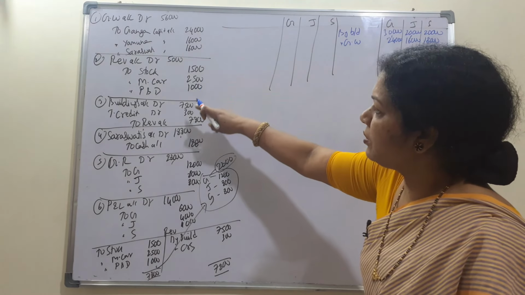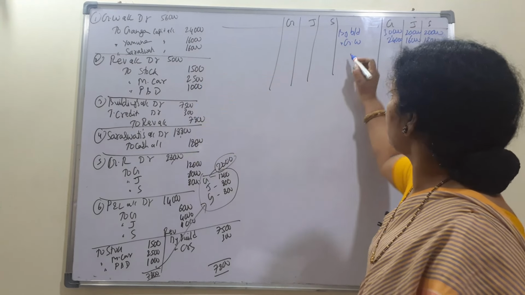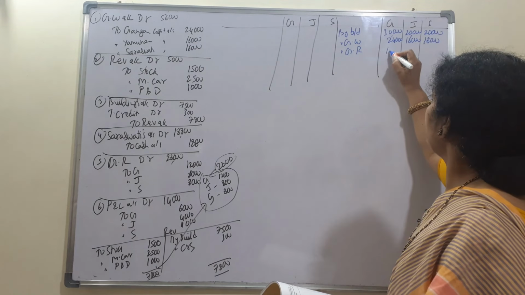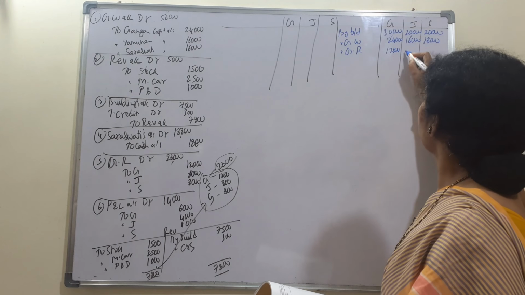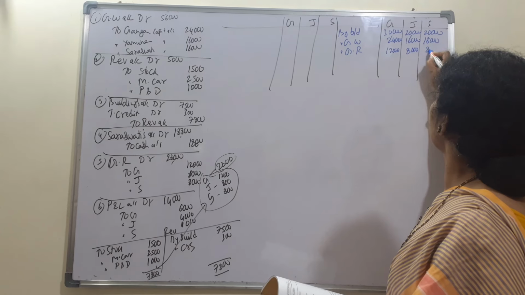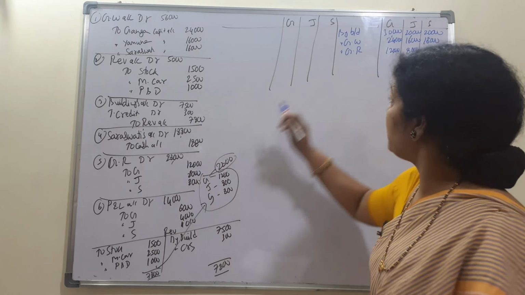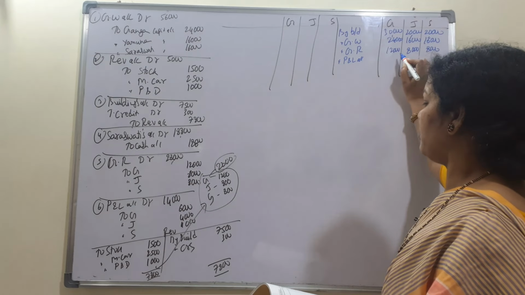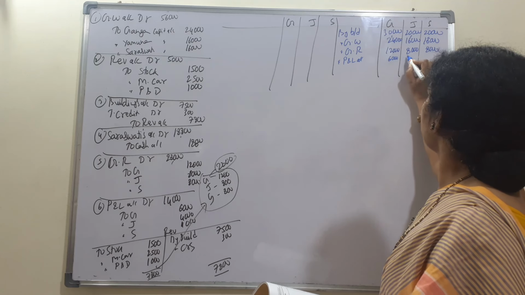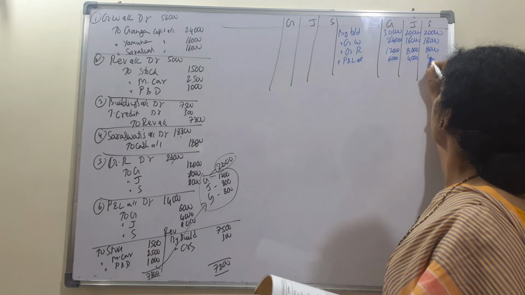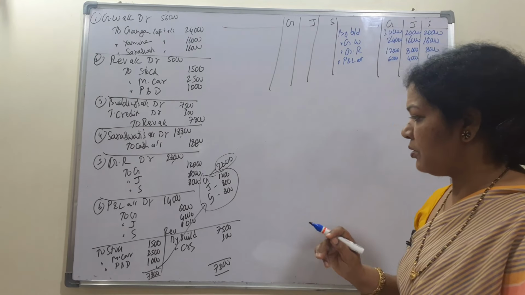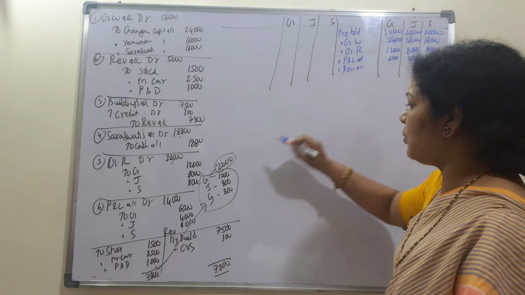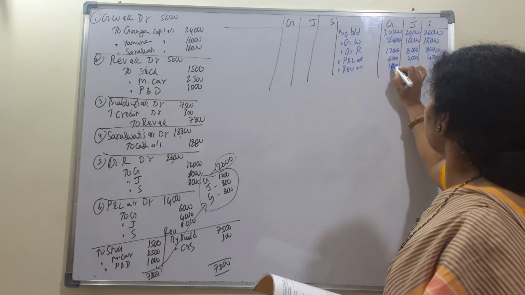Next after that general reserve: 12,000, 8,000, 8,000. After general reserve P&L account: 6,000, 4,000, 4,000. Next revaluation account: 1,200, 800, 800.